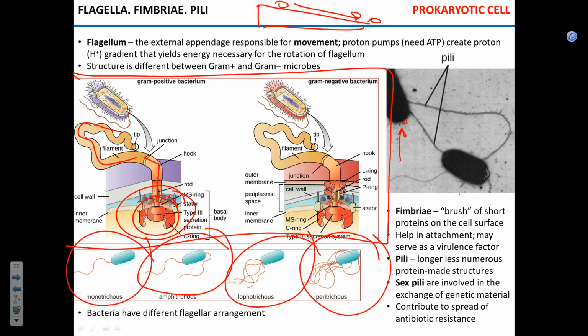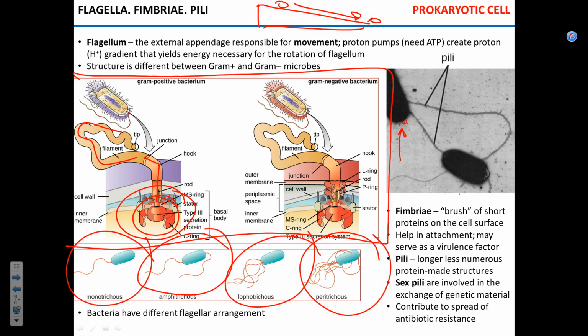Because if a microbe has fimbriae, it attaches better to the surface of, say, a cell and can cause infection with a higher probability. Make sense? Flagellum, can it be a virulence factor? Sure. Bacteria that can move have advantages, right?